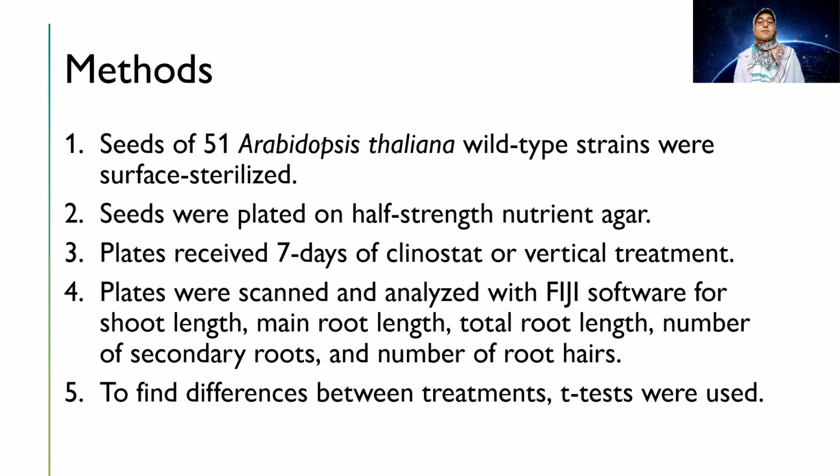Several parameters were analyzed using the PG software, including the shoot length, the main root length, the total root length, and the number of root hairs. To find the difference between the groups, we used a t-test to create the graphs.